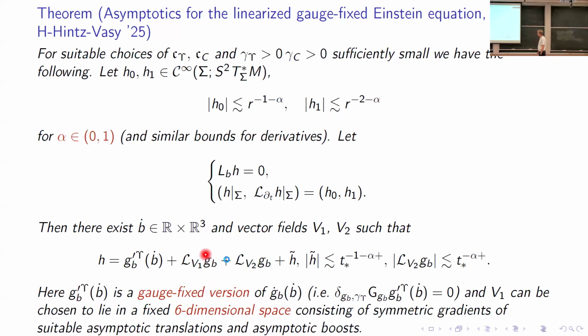You have two types of gauge fixed solutions. The first one, with a Lie derivative with V1, is exactly what I said, what you have to allow and what you expect: some translations in space, some rotations. So this V1 is in a fixed six-dimensional space.